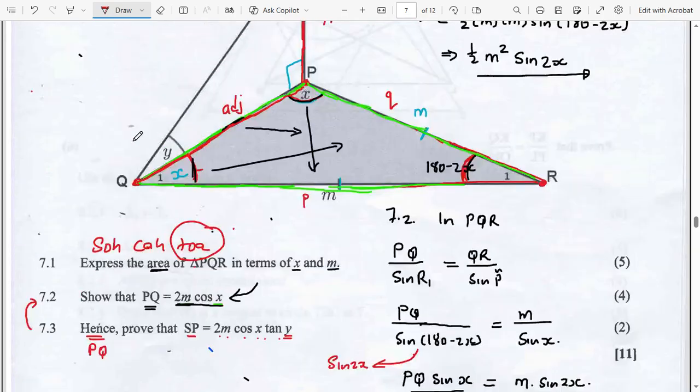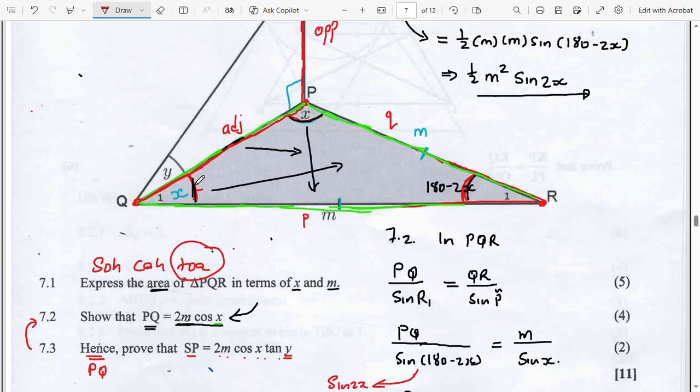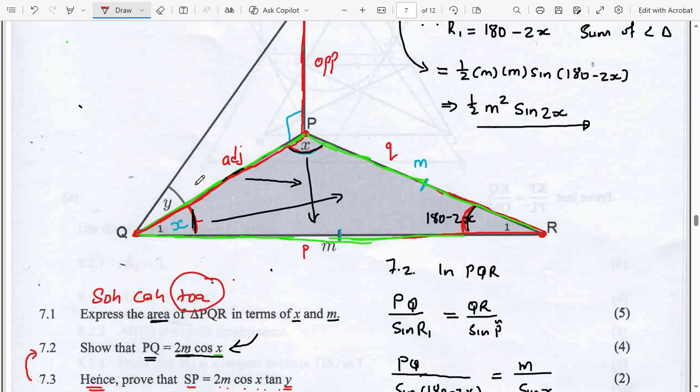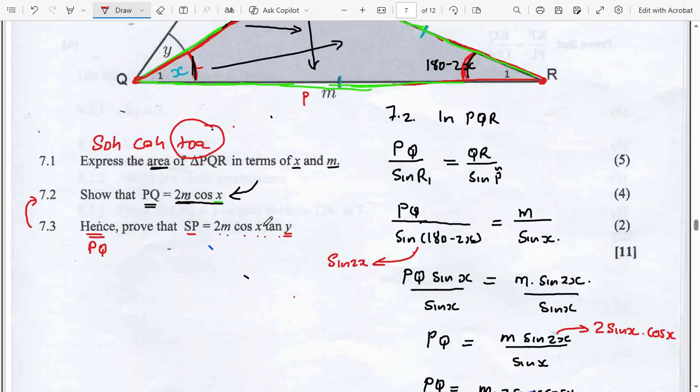So this will be tan of that Y equals opposite, which is SP, over adjacent, which is PQ. Let's write that down. You just have to substitute what you have.